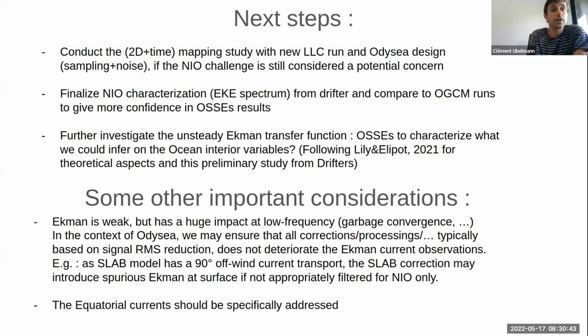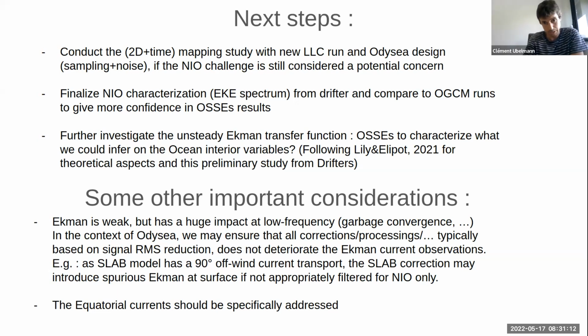Also finalize the NIO characterization, in particular the EKE spectrum from the drifters, to confirm that most of the energy is at large scales, and that would give some confidence to the OSSE we can conduct in the context of the Odysea mission development. And also to further investigate this unsteady Ekman transfer function.